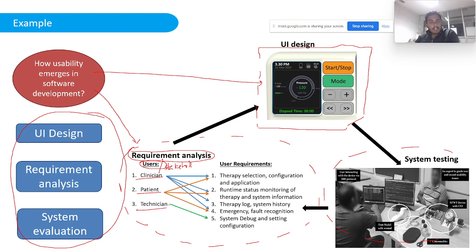Okay. So in the earlier approach of such software development, what happened, the marketing people, they mostly failed to capture the actual insights from the actual user. So sometimes they fail to recognize the user.